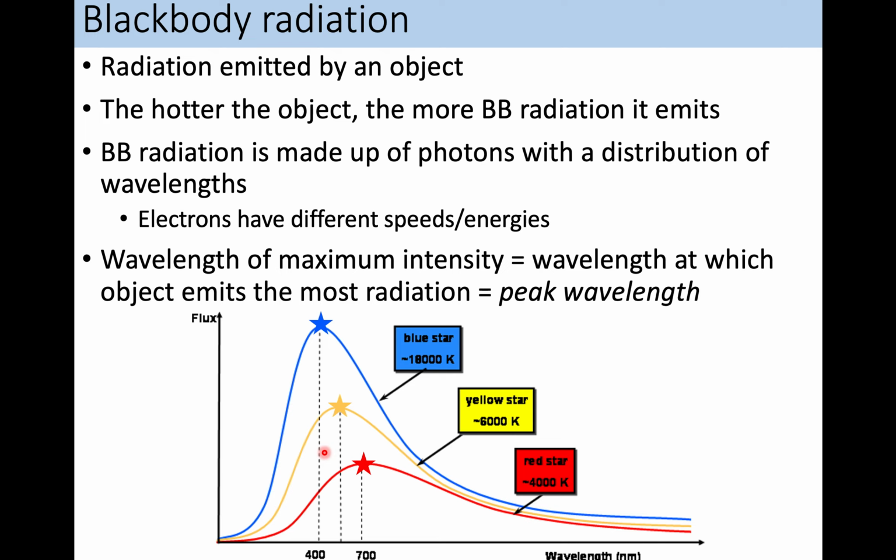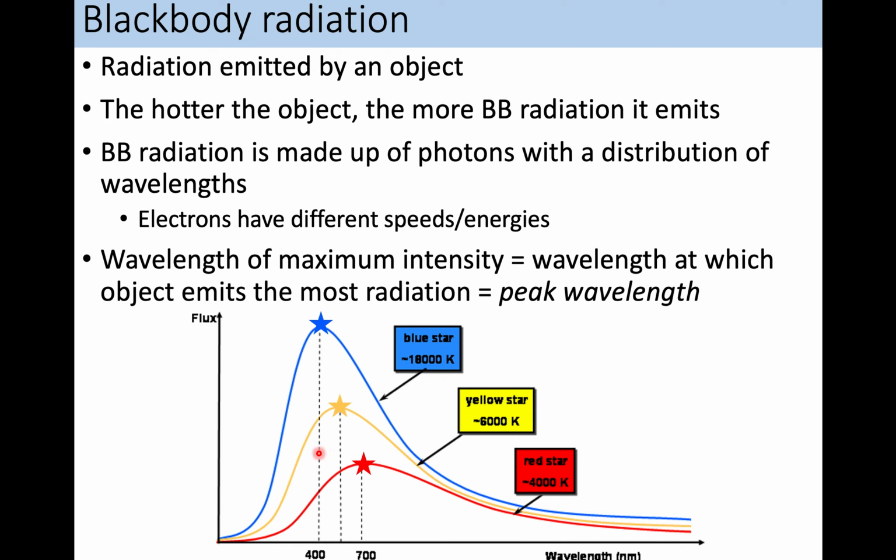So blackbody radiation is made up of photons with a specific distribution of wavelengths, and electrons have different speeds and energies, as we've talked about. The wavelength of maximum intensity is what we call the peak wavelength. So it's the wavelength at which the object emits the most radiation.